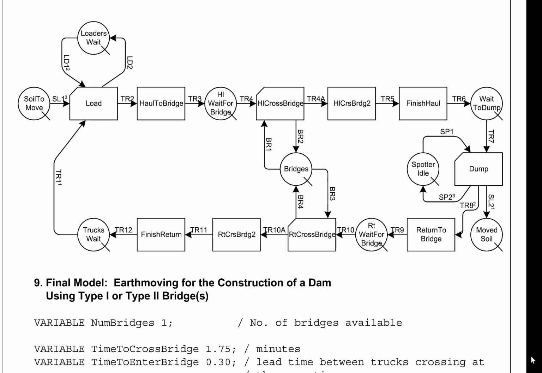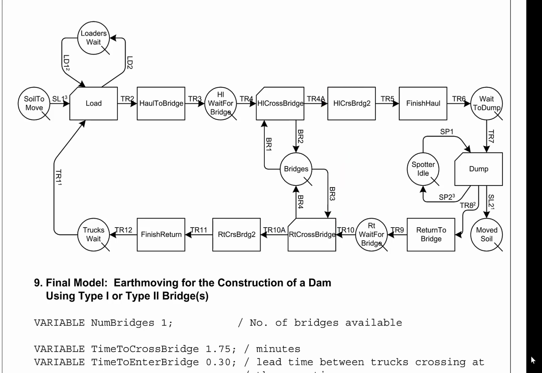The obvious problem with this model is that it allows head-on collisions. This would occur if whole cross bridge terminates and starts whole cross bridge 2, releases the bridge, and this allows return cross bridge to start, in which case, while a hauling truck is finishing its traversal of the bridge, a returning truck begins entering the bridge, and the two trucks, the hauling truck and the returning truck, will collide head-on.